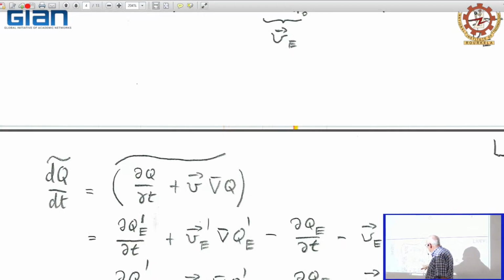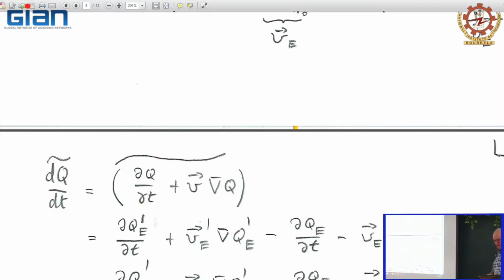So by definition, this is the Eulerian perturbation of that quantity. This means it's d by dt QE dash in the perturbed system. Also, the velocity and the value of Q has to be taken in the perturbed system, minus the whole expression in the unperturbed system in the Eulerian sense.